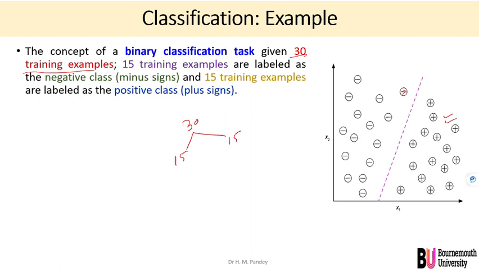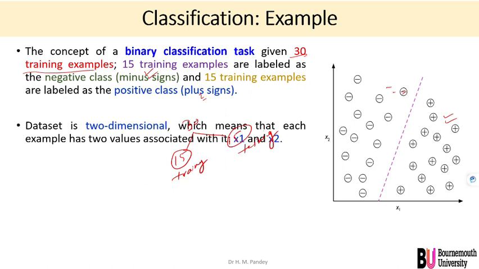15 are for training purpose, and the remaining 15 for testing purpose, to test model performance. And it is represented as minus and plus, which you can see here. So this is simply a two-dimensional representation of your data. This is the x-axis, this is the y-axis.